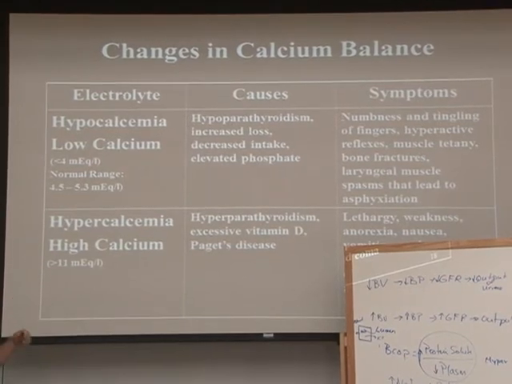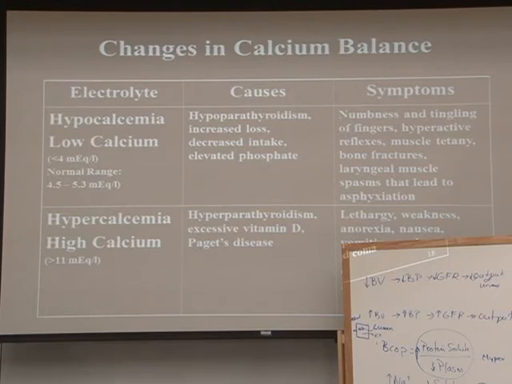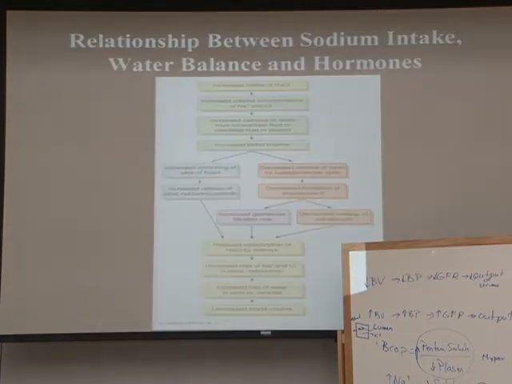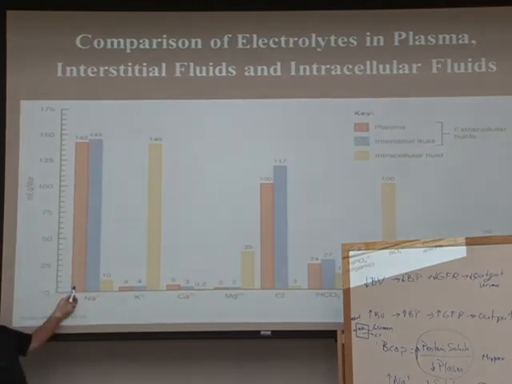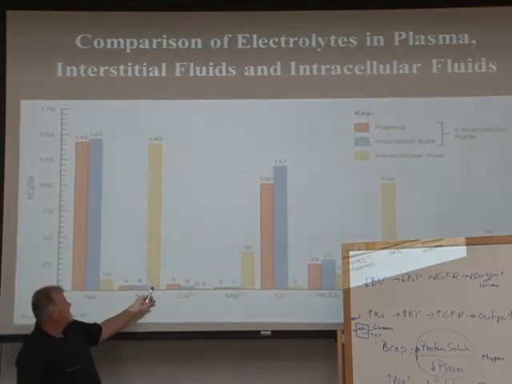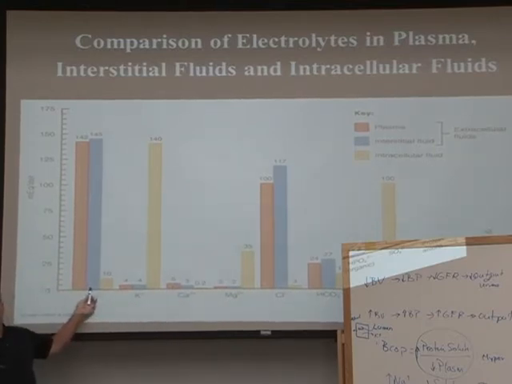So calcium is critical, and we have calcium in abundance in the blood, but nothing like we have sodium. If you go back to this, look how much sodium we usually have here. Look how much potassium we usually have here. Well, calcium we have more in our blood, but nothing like sodium.